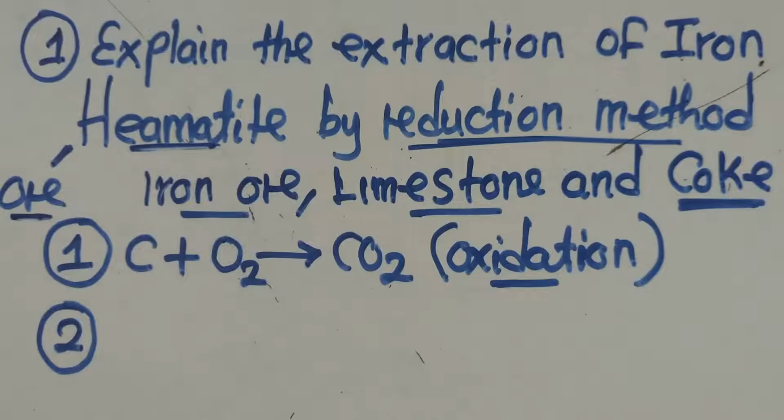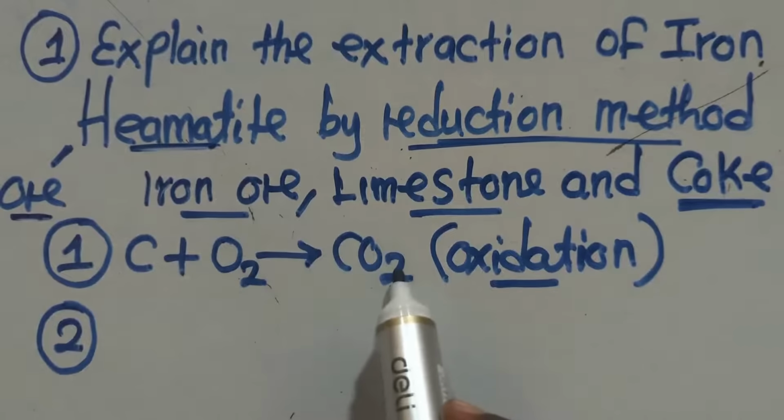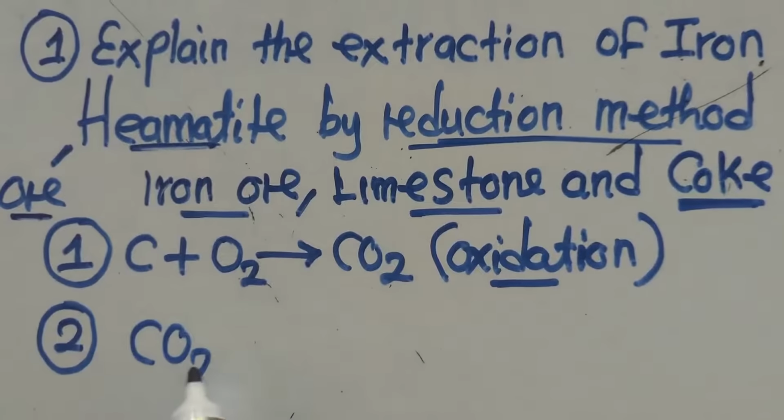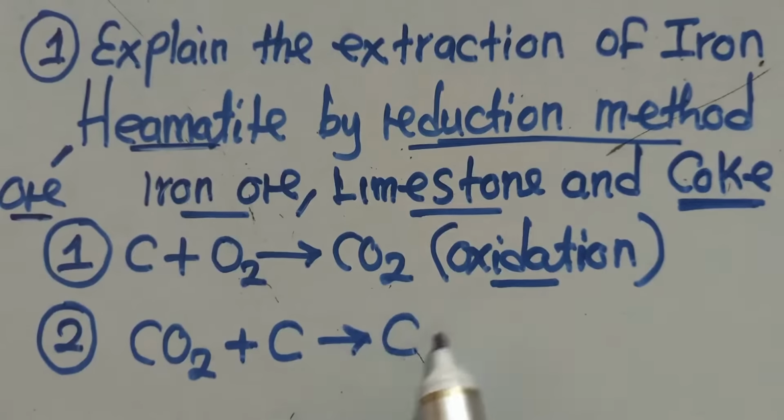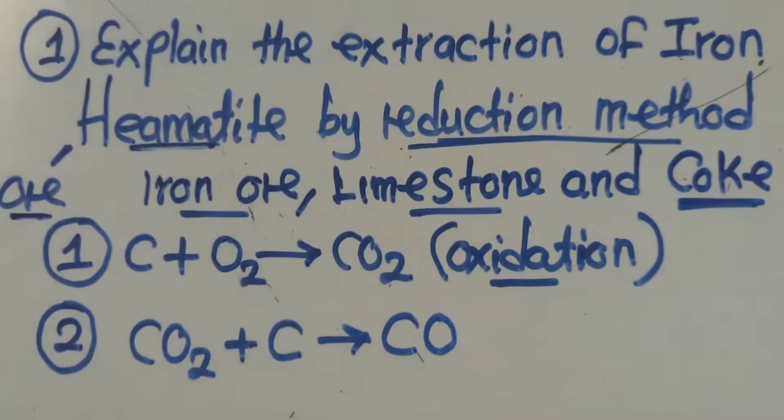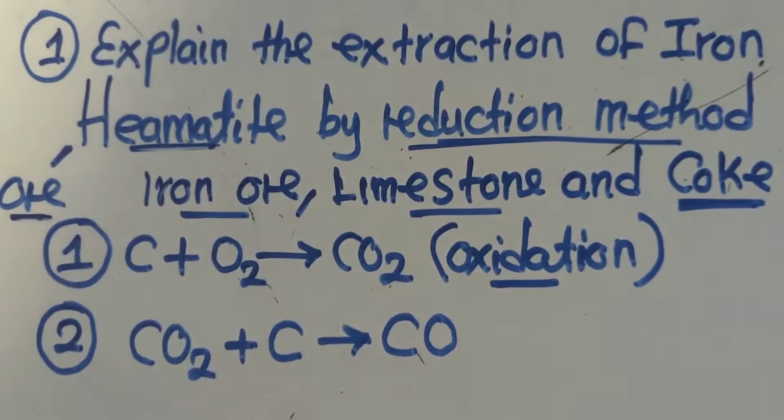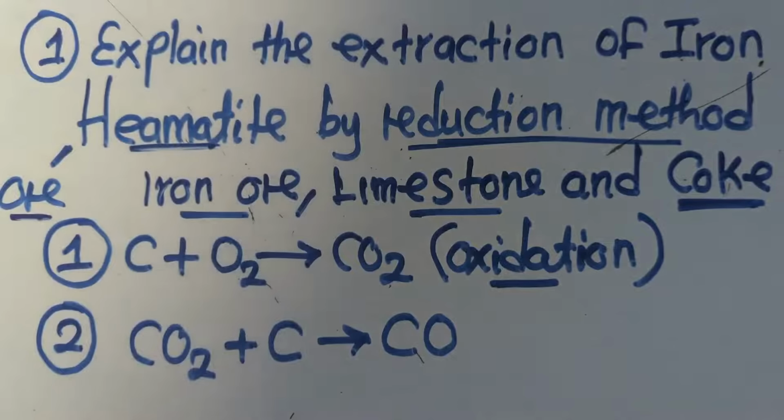When this reaction has taken place, we also have carbon dioxide rising up and reacting with more coke to form carbon monoxide. Have you seen, the carbon dioxide that was produced is going to react with more coke, and then carbon monoxide is formed.